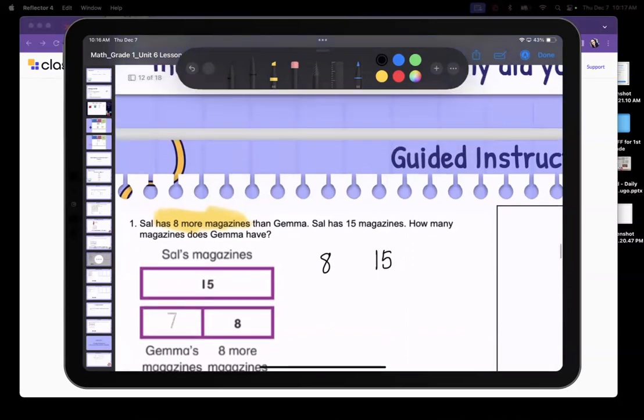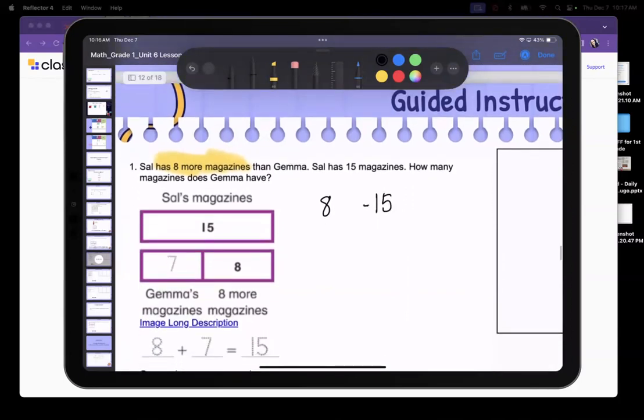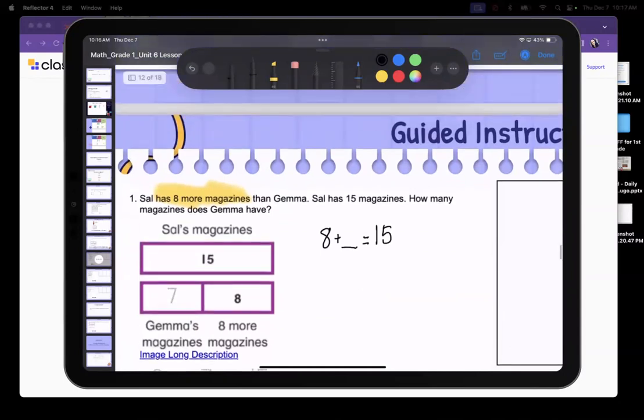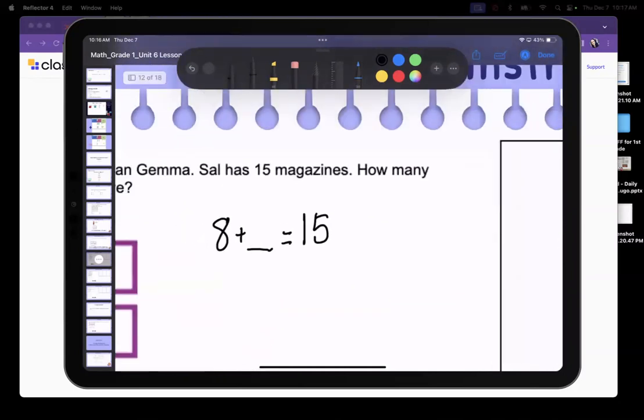So if we know that Sal has 8, how many more? What's the missing number? We need to know the missing number.